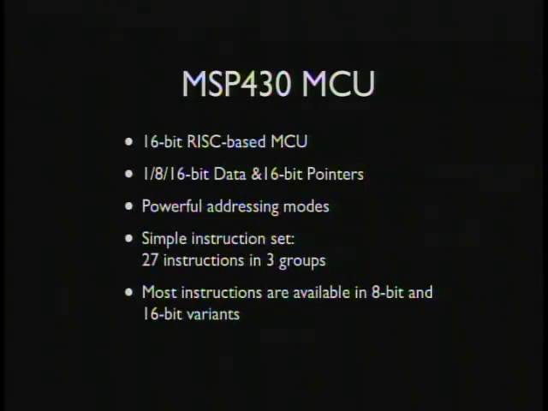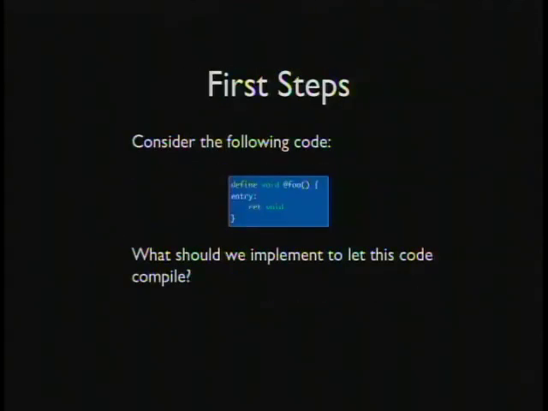So we have 8 or 16-bit data. We have 16-bit pointers on this processor. It has some powerful addressing modes. As I already said, it has just 27 instructions. And also, most instructions are available in 8-bit and 16-bit variants. So we are going to build something easy for this microcontroller unit.